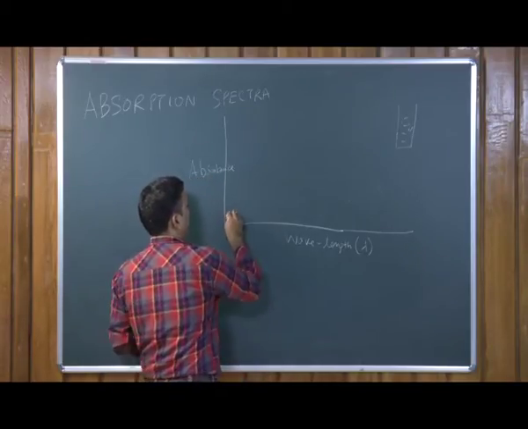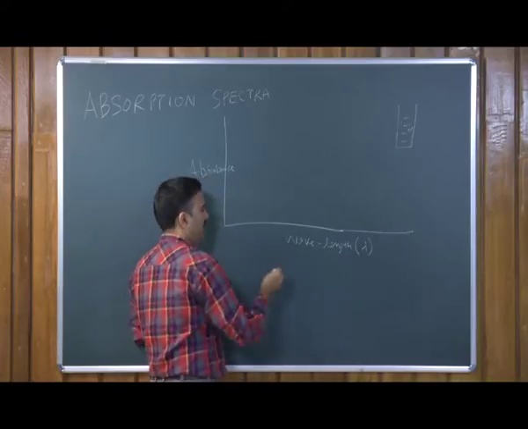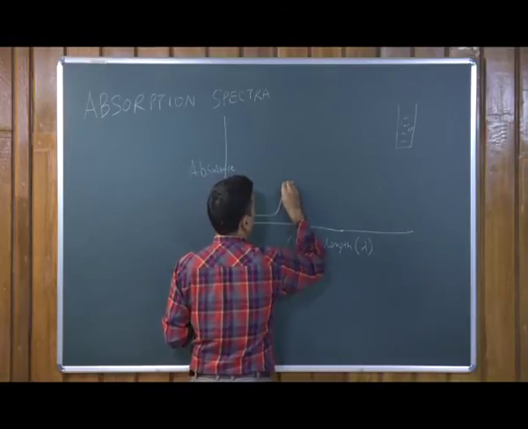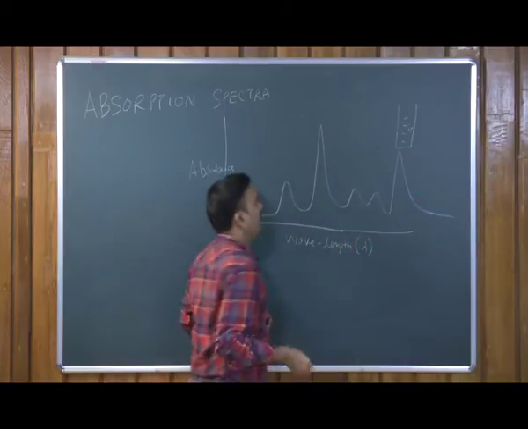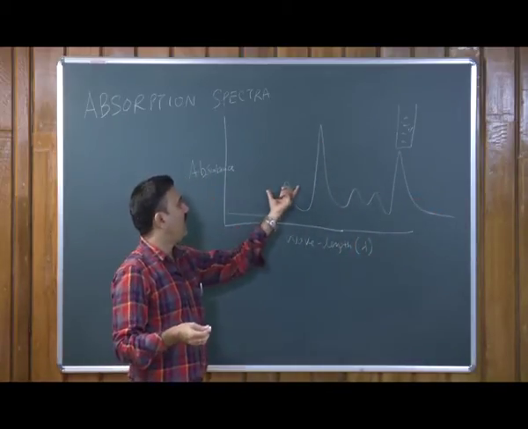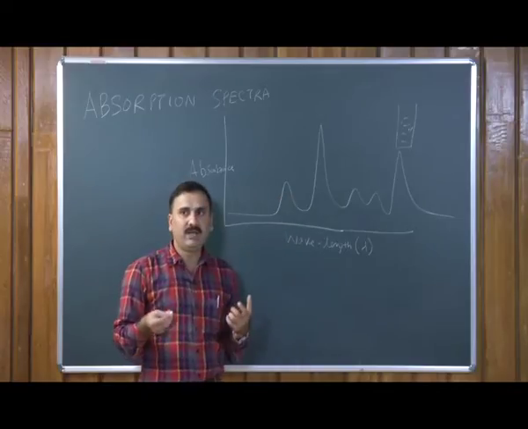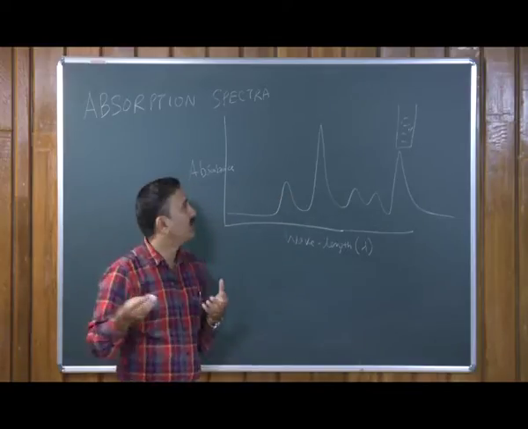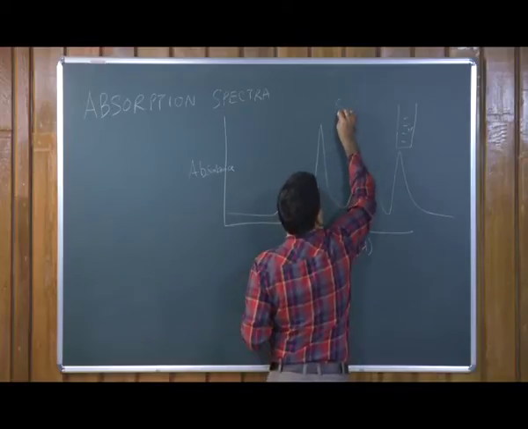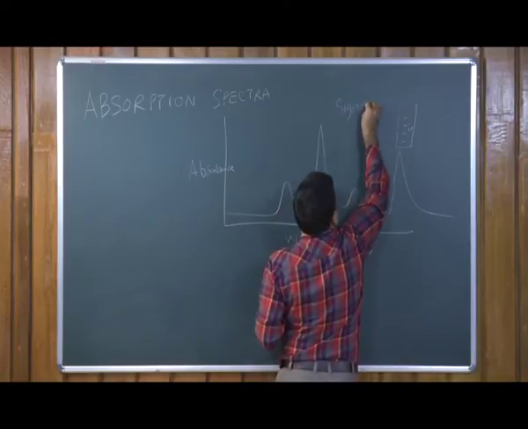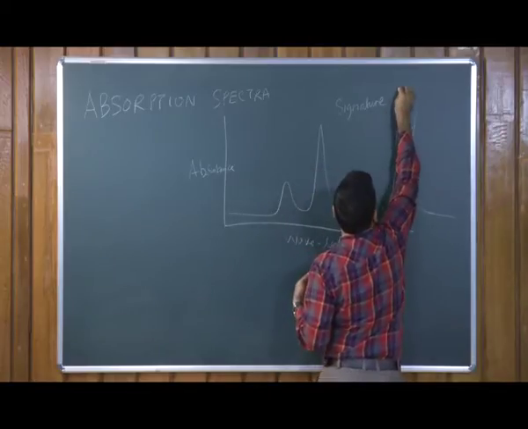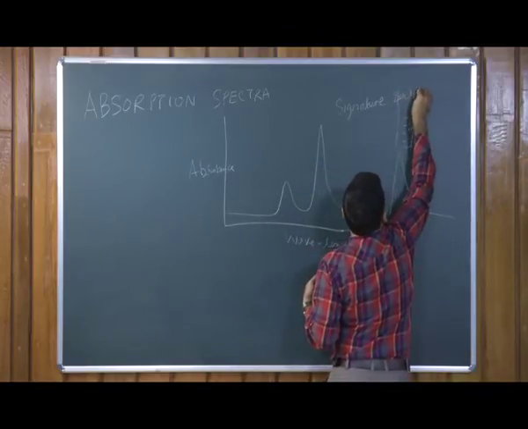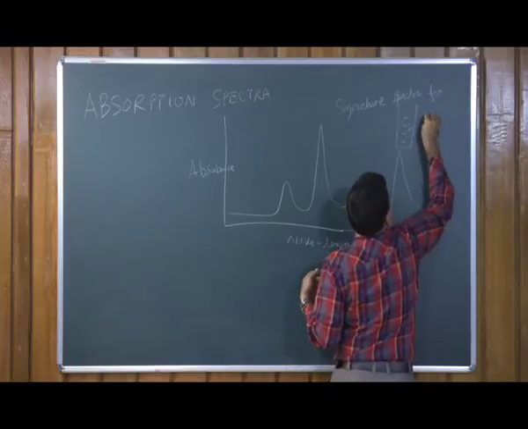If you take the spectrum, you will see a pattern like this. And this particular pattern is going to be a signature pattern, a signature spectrum, for a pigment.